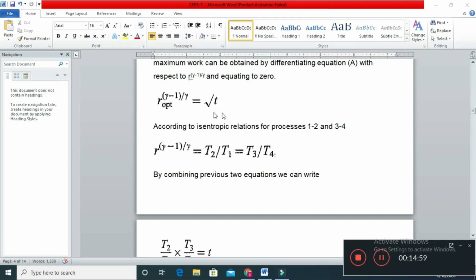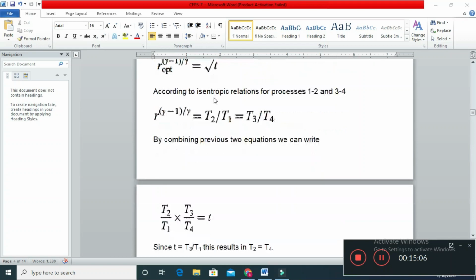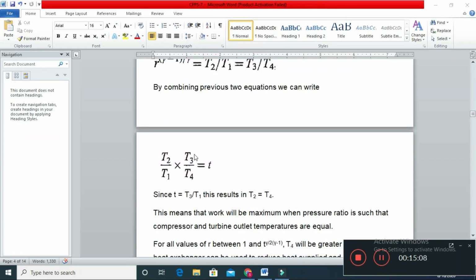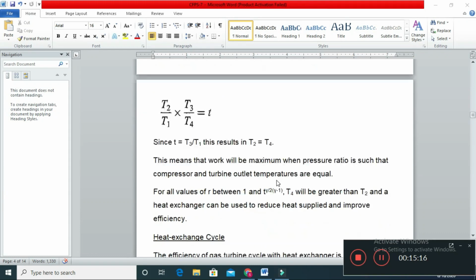This will remove the square root sign. T3 over T1 is equal to T, so T cancels with T, and we show that T2 is equal to T4. So for the maximum work output, T2 and T4 will be the same.